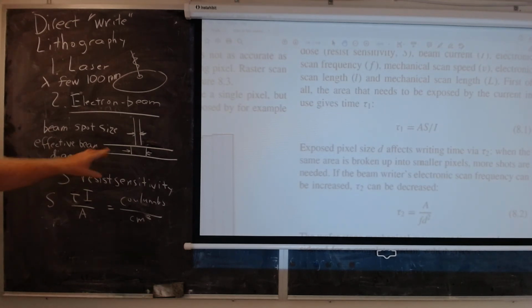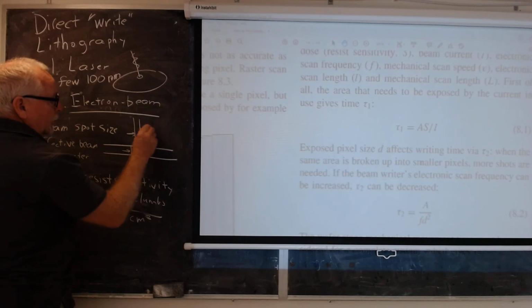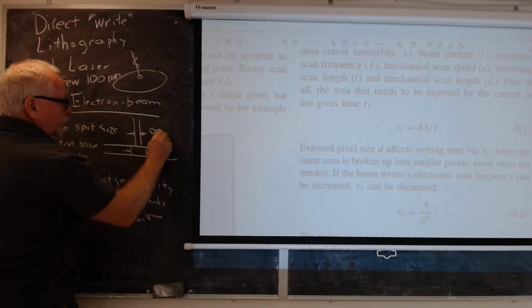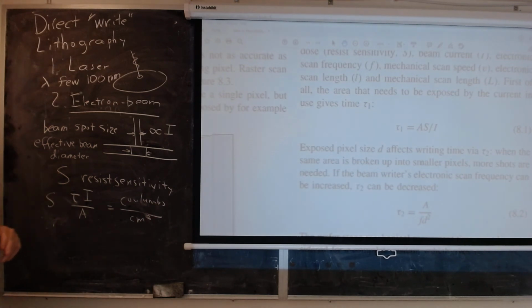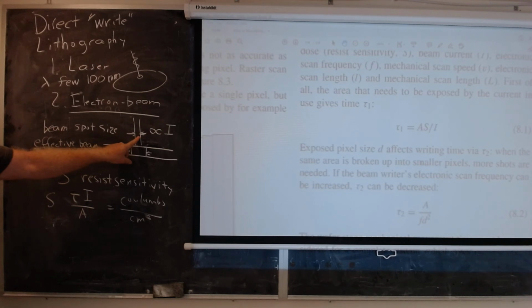Now, I is not something you can raise indefinitely to make tau smaller, because the beam width is proportional to I. And that's where, getting back to those of you that have taken quantum mechanics, you were probably thinking, oh, I can calculate the quantum mechanical wavelength of an electron.